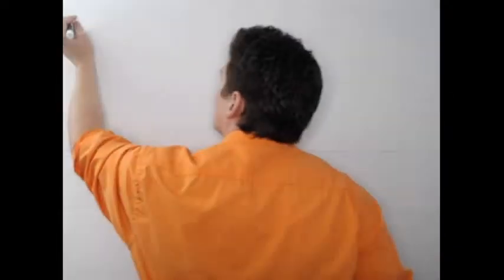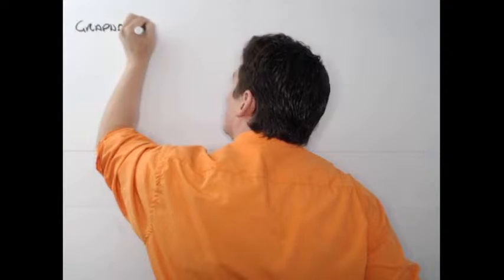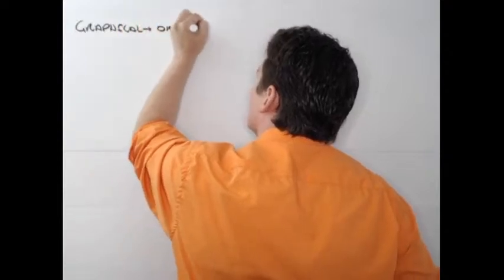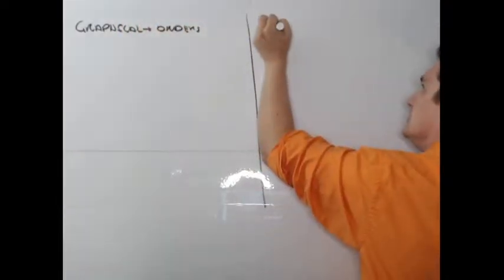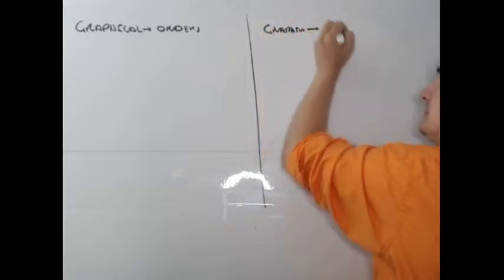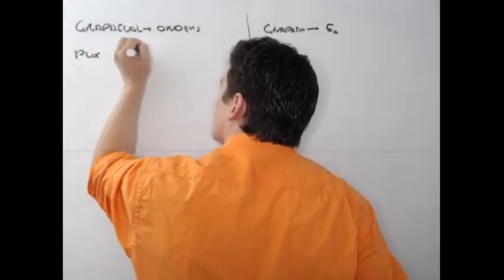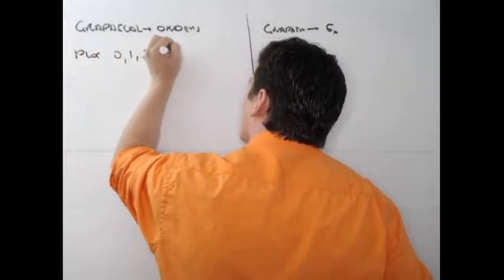So for graphical analysis, we can look at orders, or we can look at graphical for EA. For the orders, you need to plot the 0, first, and second order forms.